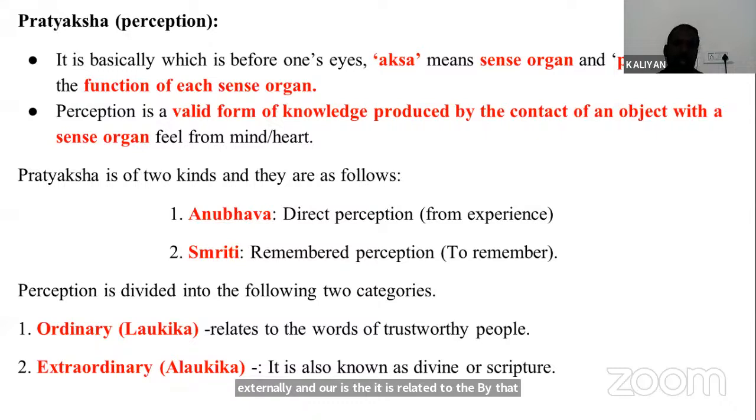That is alaukika, extraordinary. So these are the different categories in perception.